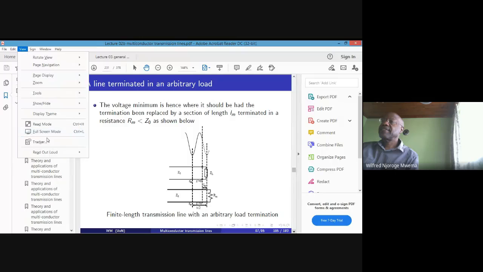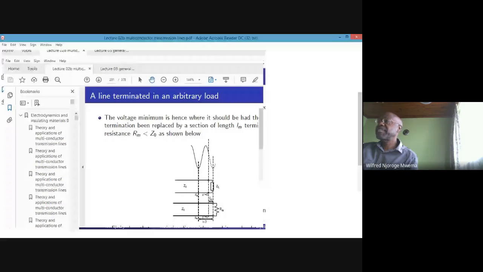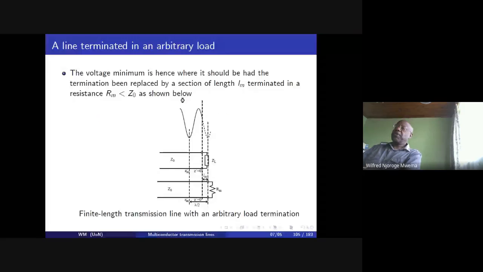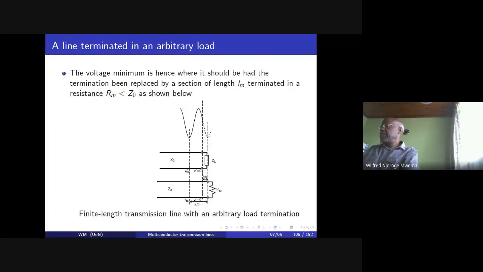Yes. So we stopped at the page earlier, so I'm starting earlier. And we are talking about what would happen if we terminated a line with an arbitrary load, where an arbitrary load is supposed to be a complex load, so to speak, as the most general load that we can get.